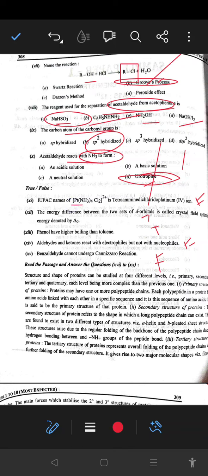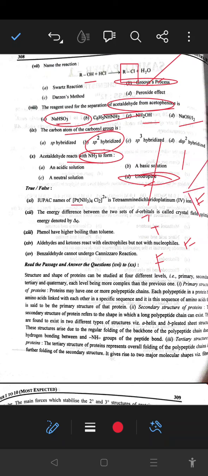The IUPAC name of [Pt(NH3)4Cl2]2+ is tetraamminedichloridoplatinum, with oxidation state 4. The oxidation state will be the ion charge 2 plus 2 gives 4. So this is a true statement.